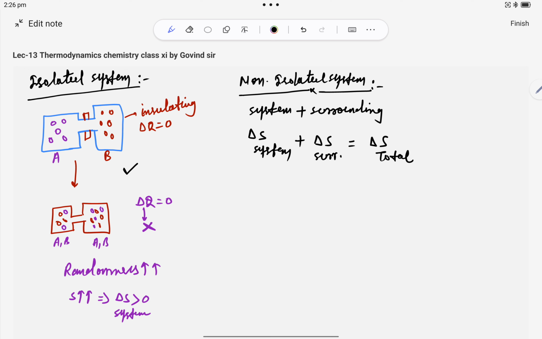So for a spontaneous process, delta S total should be greater than 0, then the process will be spontaneous.